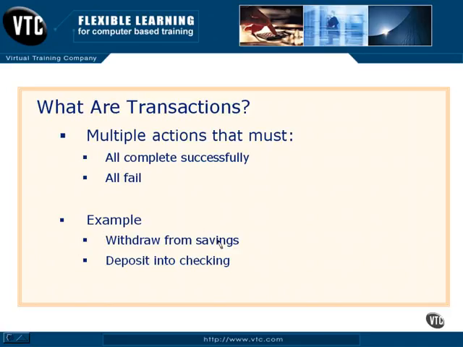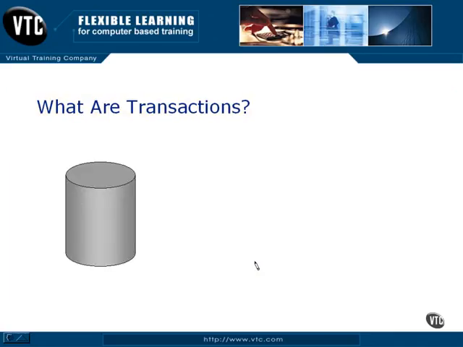If the withdrawal is successful, they want the deposit to be successful. If the deposit's successful, they want the withdrawal to be successful. Same thing for us. We both have a stake in this. So we want both of these to be successful, or we want neither of these to be successful. That's a transaction.